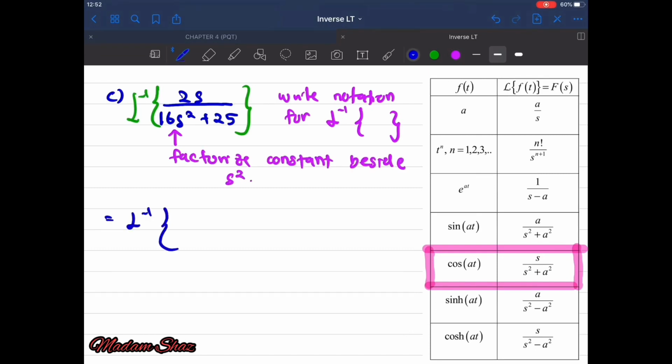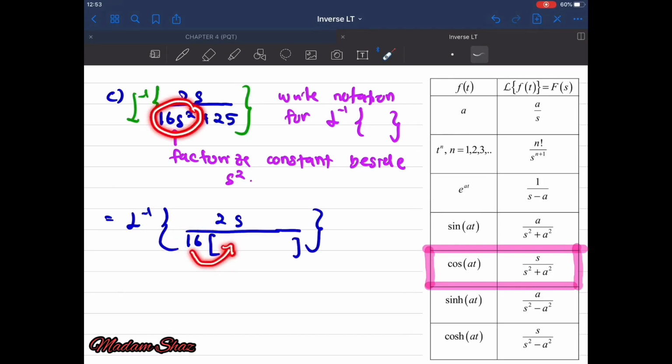Laplace inverse of 2s over 16 bracket. So 16 is still in the curly bracket. 16 multiplied by what so that it will become 16s square?